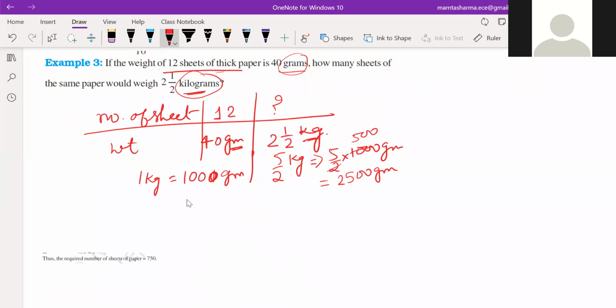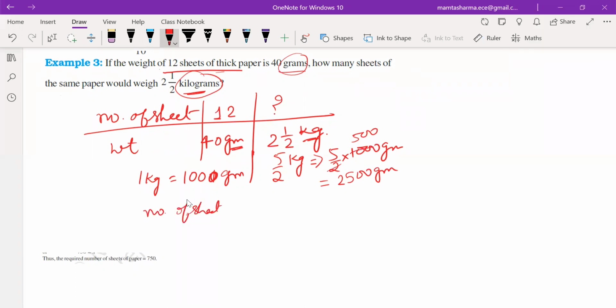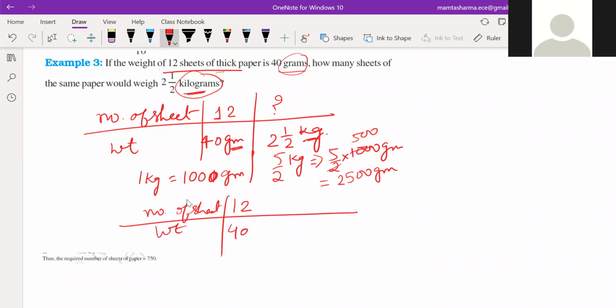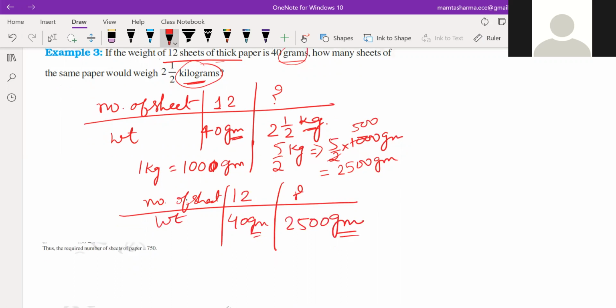So now you can again make the table. Number of sheets, weight. Now all the units are the same: 40 gram, and here also 2500 gram. All units are in gram. Now you can take their ratio.